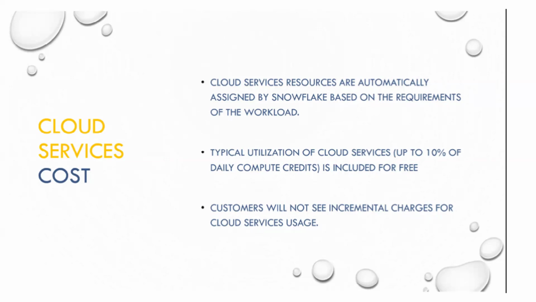The cloud services cost will be automatically calculated by Snowflake based on your consumption of resources. The resources may be consumed according to your query execution, and sometimes Snowflake also provides additional resources. That cost will be incrementally applied to your billing, and will be visible only in the monthly billing.